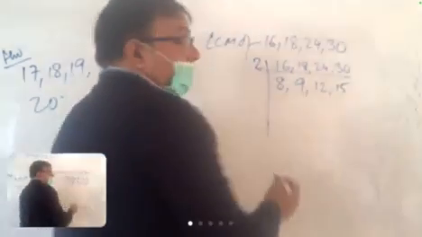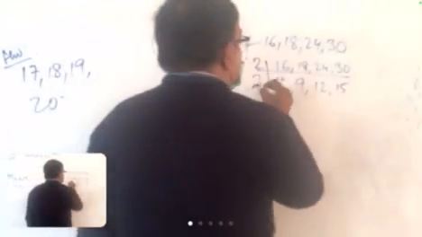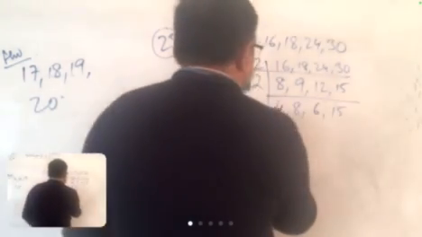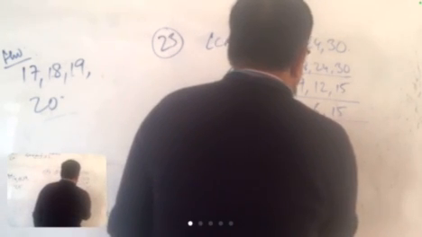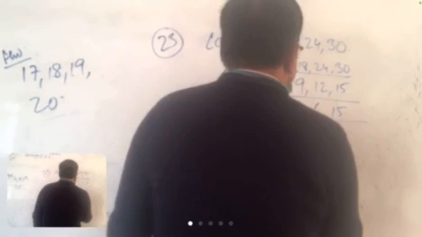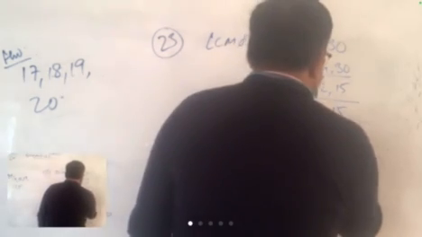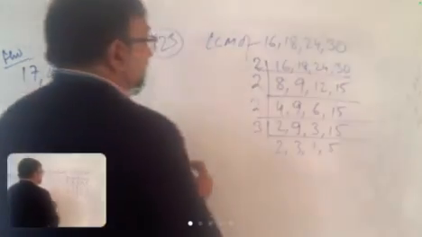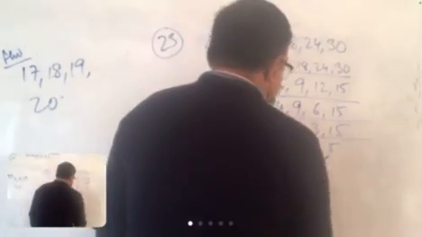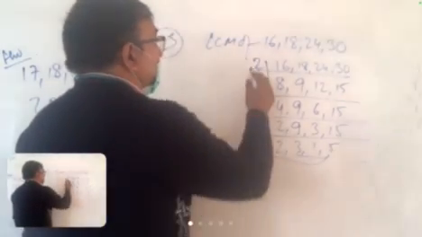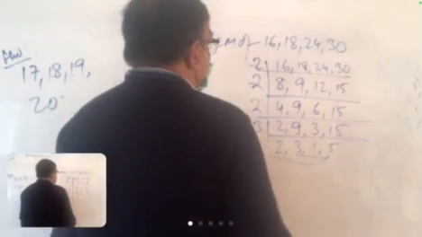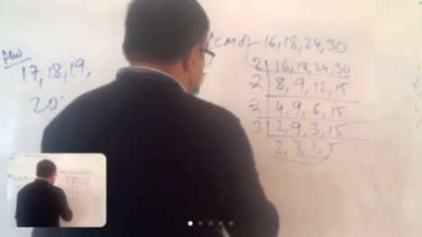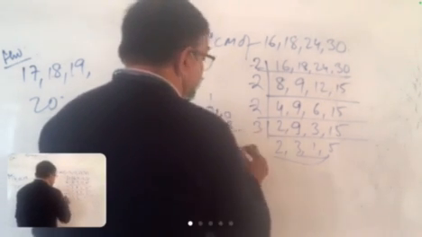What is the LCM? Five twos are 10, 10 threes are 30, 30 twos are 60, 60, 120, 240, and now 240 into 3, 720.